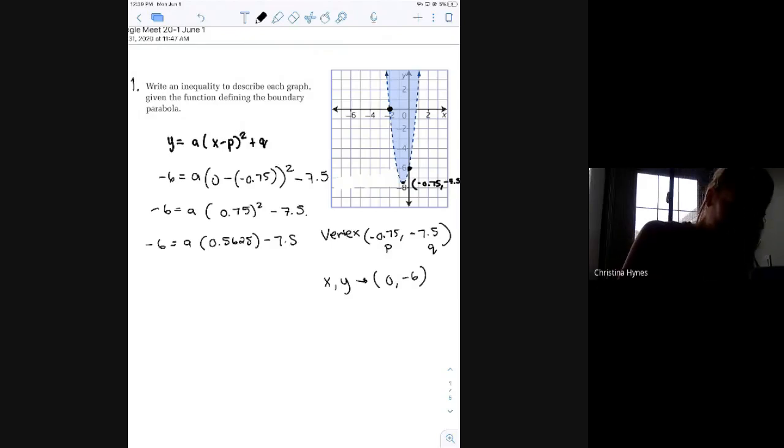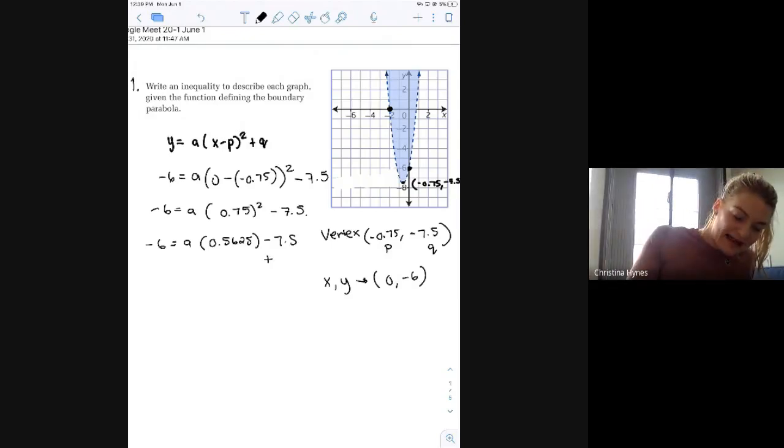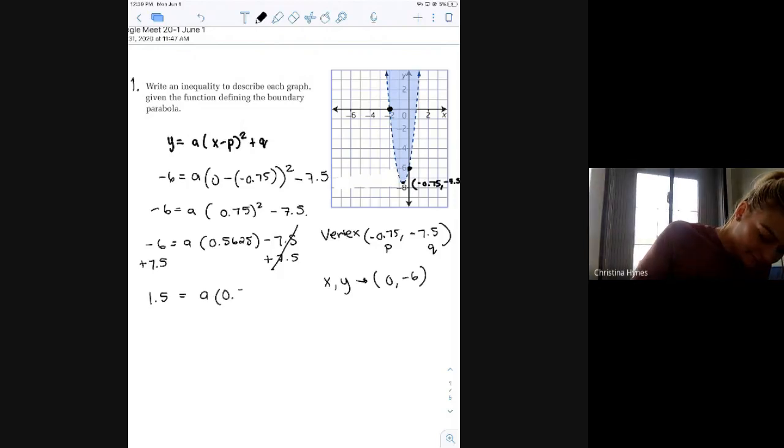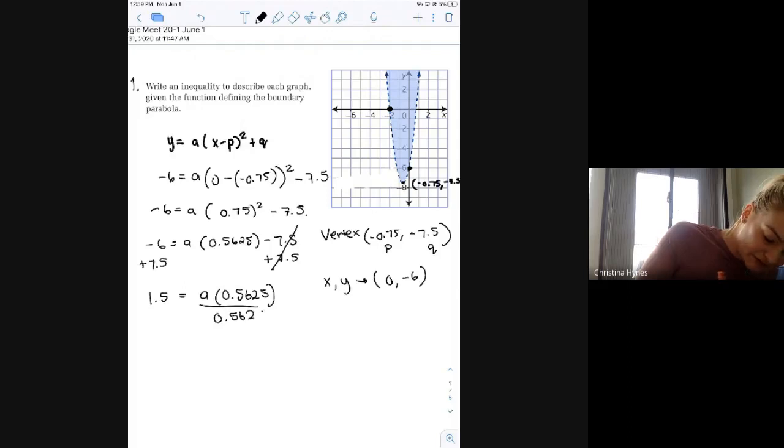Now we're going to bring this q value to the other side by adding 7.5 on both sides. So negative 6 plus 7.5 gives me 1.5. And then lastly, you always divide by the value within the brackets to get it to the other side. So this is solving for a.